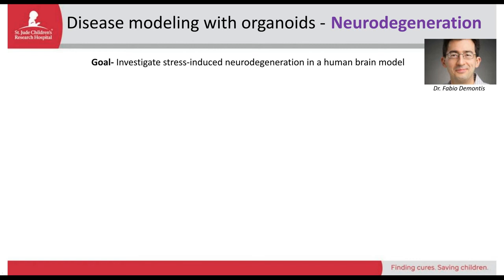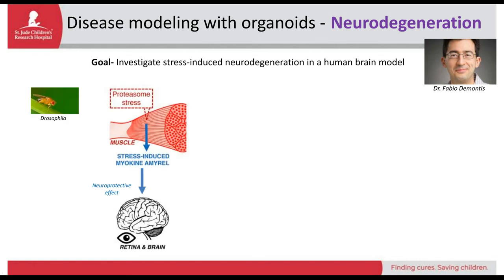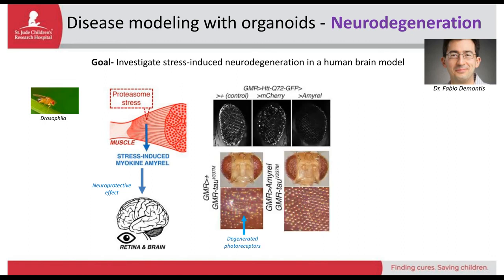So the De Montes lab, working with Drosophila, identified a unique pathway. They found that if you apply proteasomal stress to skeletal muscle in Drosophila, the muscle releases a myokine called amiral, which is able to induce a neuroprotective effect in the retina and brain of the Drosophila. For example, Drosophila that express a pathogenic form of the Huntington protein have protein aggregates in the eye.